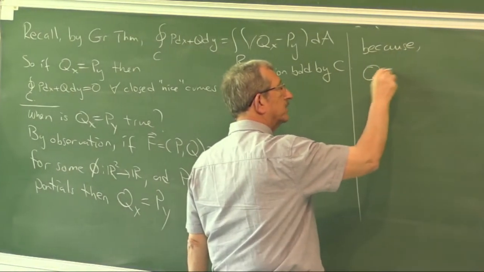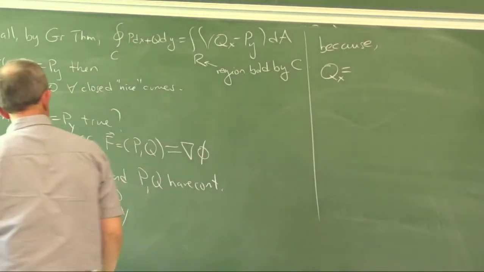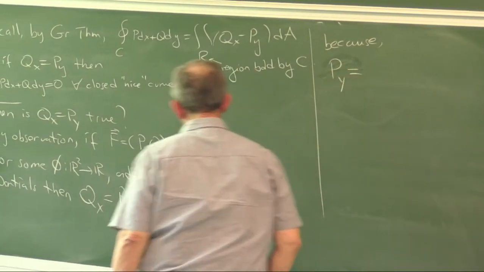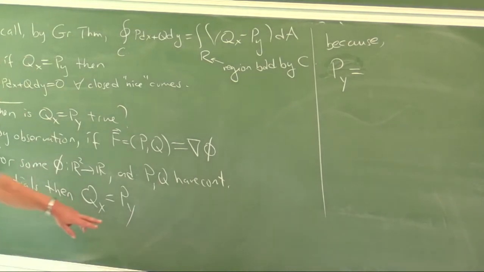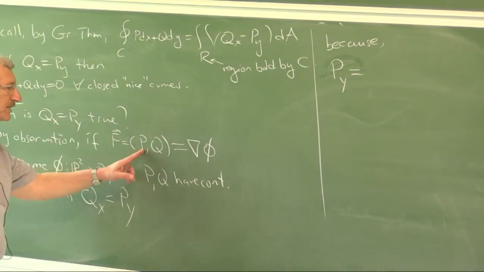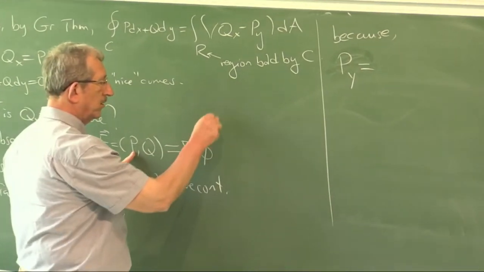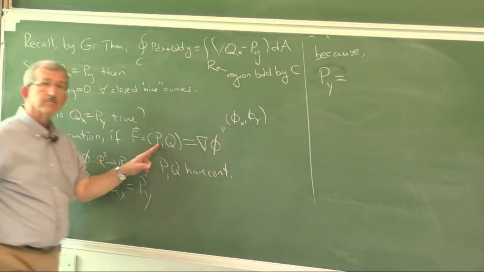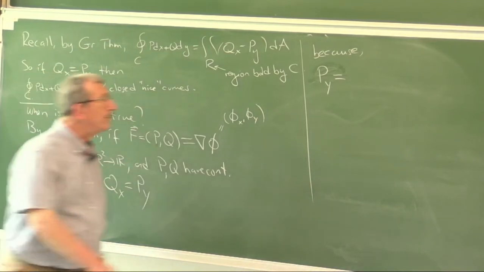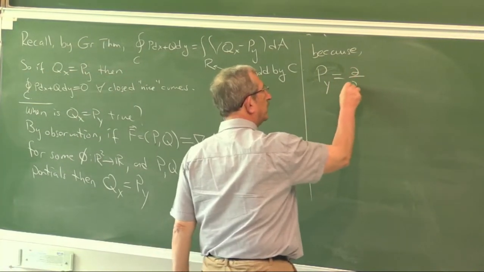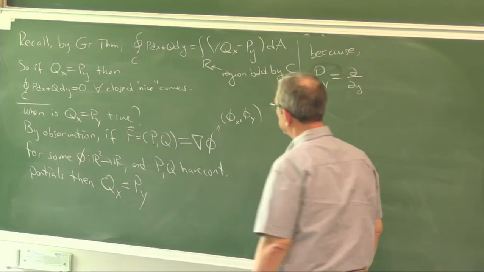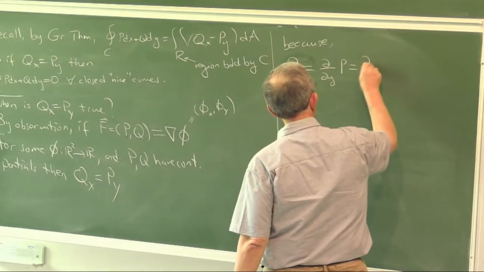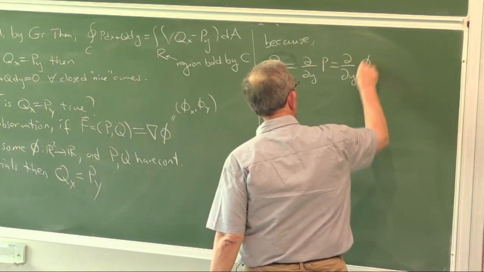let me start with P sub y. P sub y is the derivative of P with respect to y, but P is already a derivative. So this is the derivative with respect to y of P, which happens to be phi sub x.